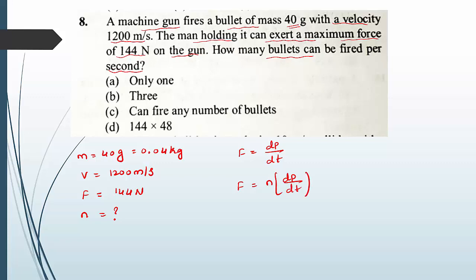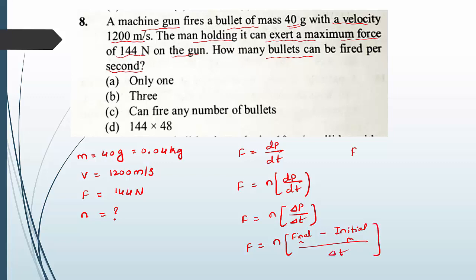Here it can also be written as F equal to, instead of writing dp by dt, I am just going to write delta p divided by delta t, because in place of delta p, we can write final momentum minus initial momentum, divided by delta t.